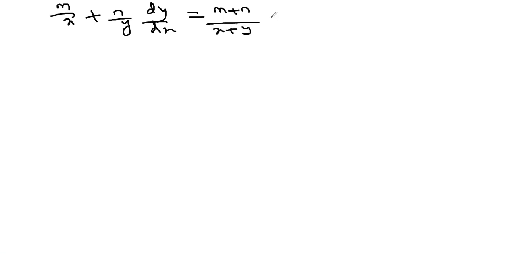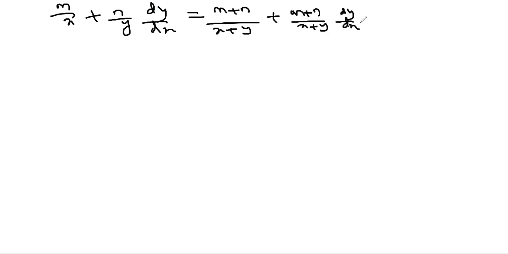So now, m by x plus n by y into dy by dx is equal to (m plus n) divided by (x plus y) plus (m plus n) divided by (x plus y) into dy by dx.